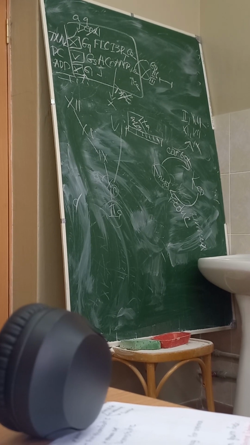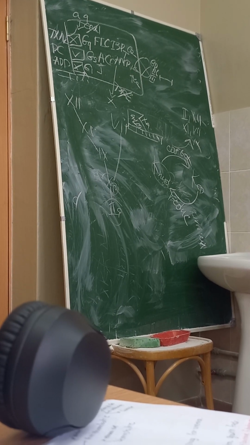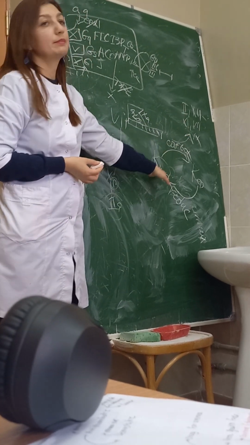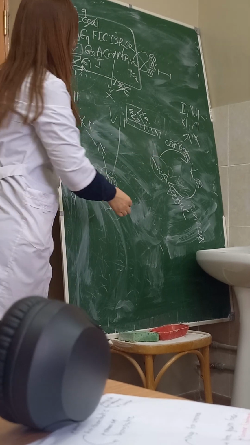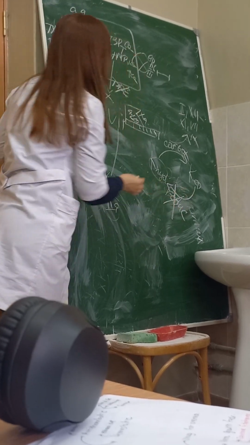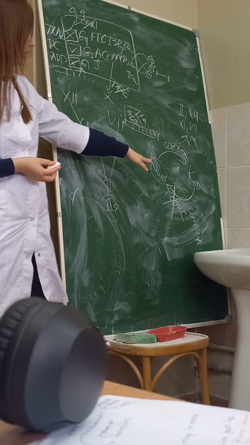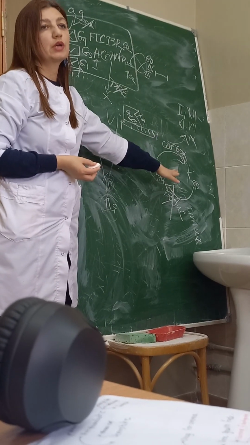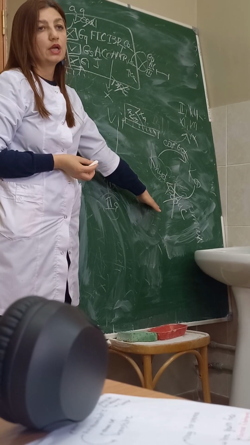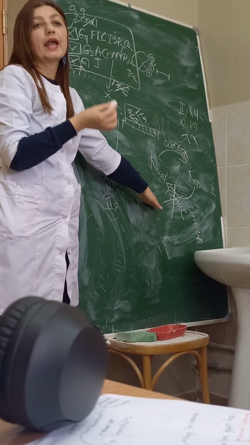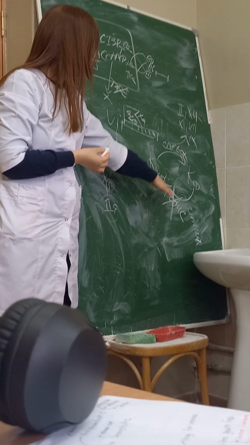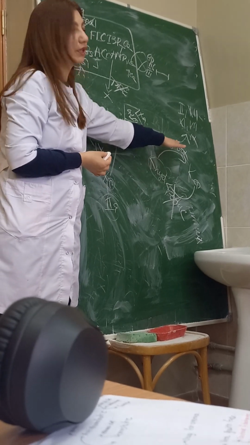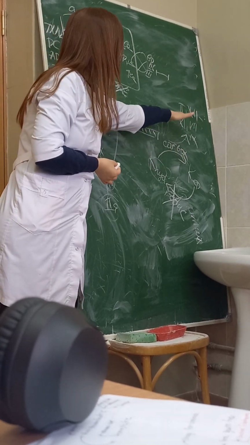Clear. Then we say that to make synthesis of these factors, we need what? Vitamin K. Hydroquinone. If we inhibit this enzyme, we will not have hydroquinone and we will not have activated carboxylase. What drug will inhibit? Warfarin. It is an indirect drug which will inhibit reductase. We will not have hydroquinone, we will not have activated carboxylase and we will not have factors.